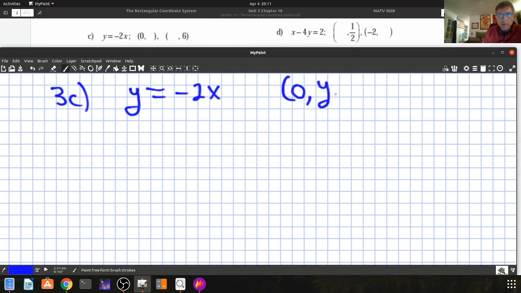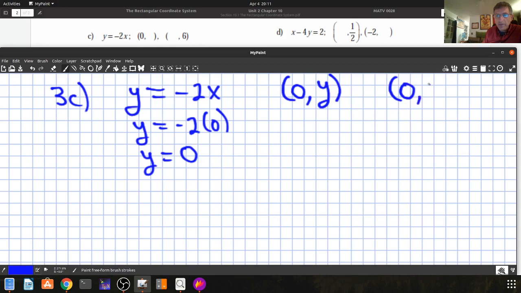So we want to find the value of y that makes this an ordered pair solution. So y is equal to minus 2 times 0, which is 0. So that gives the ordered pair solution of 0, 0.